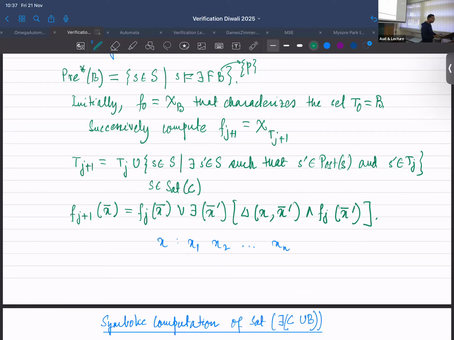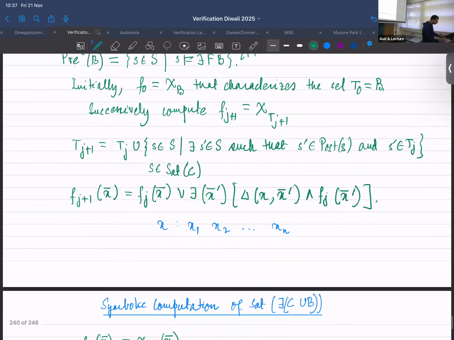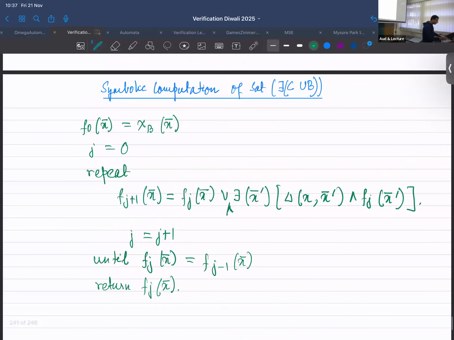That is how it should be, SAT of C. So here I'll have some chi C of X bar. SAT of C corresponds to chi C, which is the characteristic function. So this is the whole thing. So this does exist preemptively. Clear?